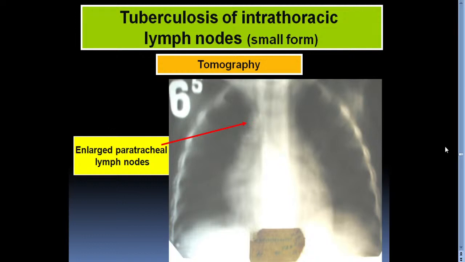On this X-ray, this is tomography of the lungs, and we can see enlarged paratracheal lymph nodes. This is linear tomography, and we can see only one layer of the lung through lung roots.